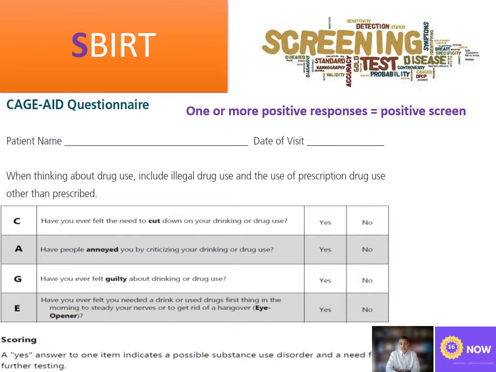Clinically, SBIRT is a Category B recommendation, meaning that it is as effective as immunizations and cholesterol screenings in improving patient outcomes. There are a variety of tools that you can use. We're going to look at some examples today. I have a list on a subsequent slide of a number of tools and how they're used and who they're effective for. So I encourage you to take a look at these and identify the tool that is right for your practice.